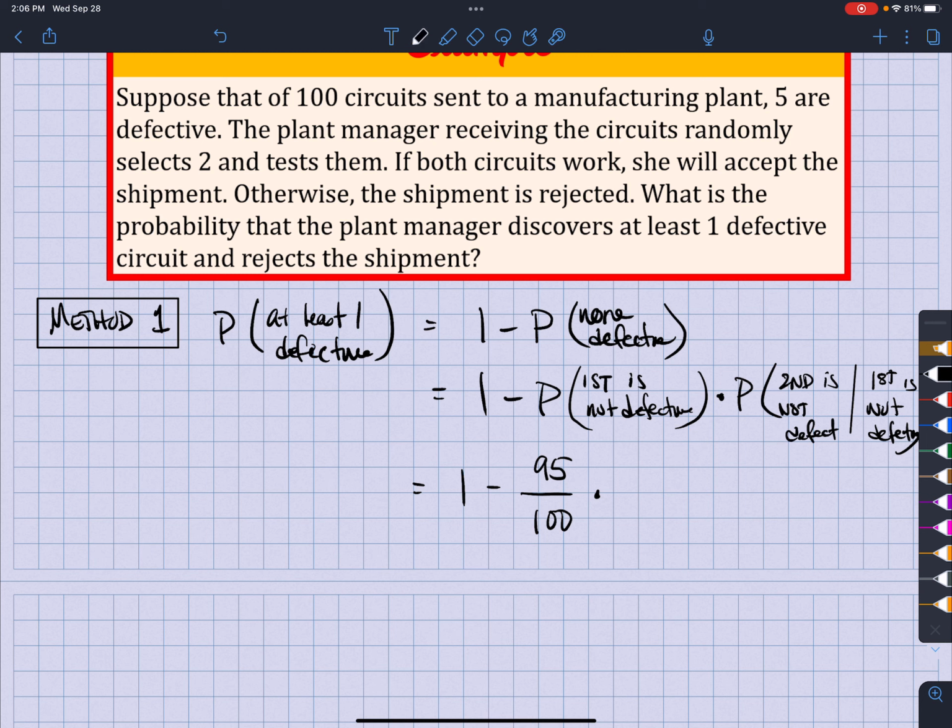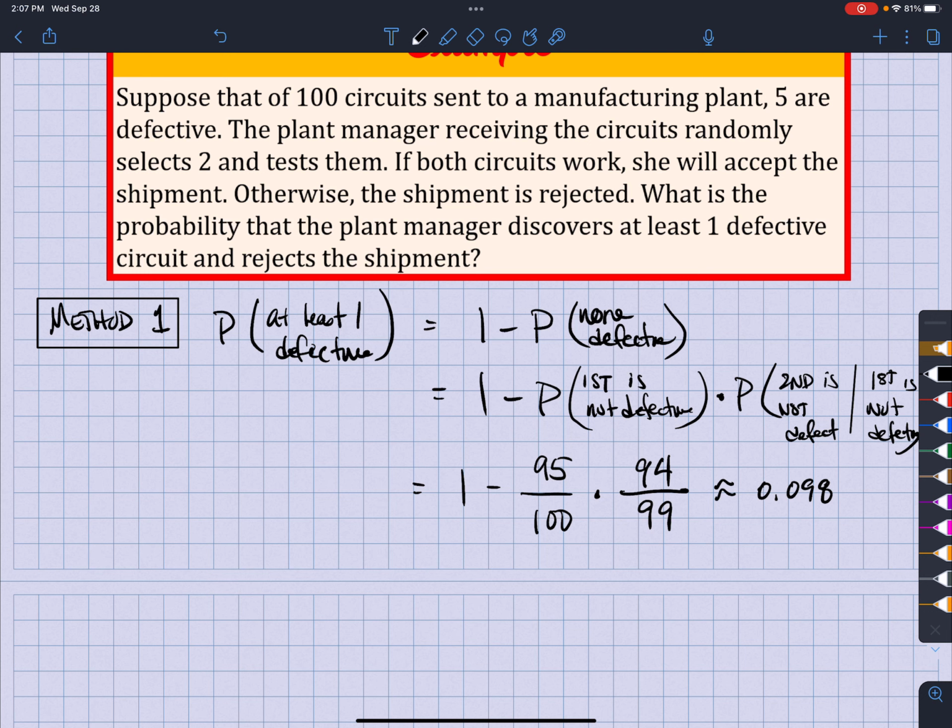However, the total amount that you have now is only 99 circuits left, but 94 of them are still good because there's still a difference of 5 here that are bad. So that is where we would get this, and this will approximate about 0.098 probability that at least one is defective.